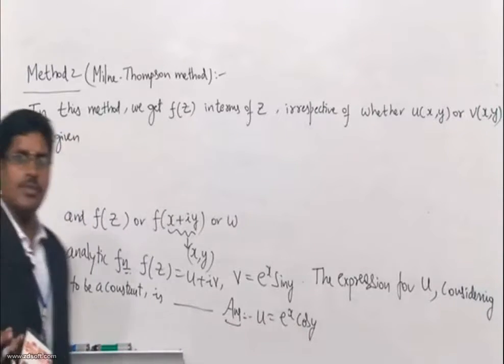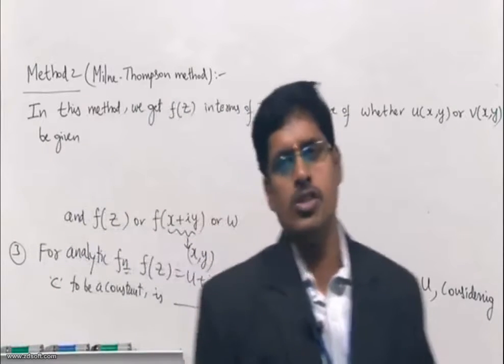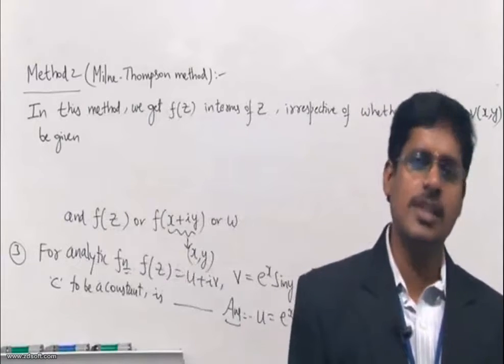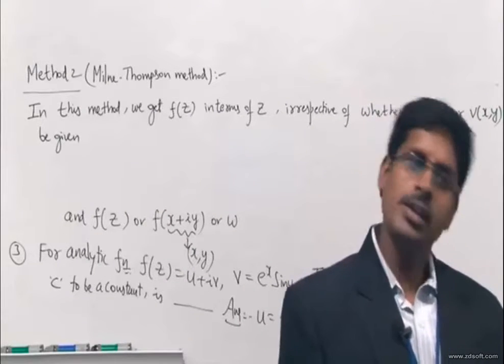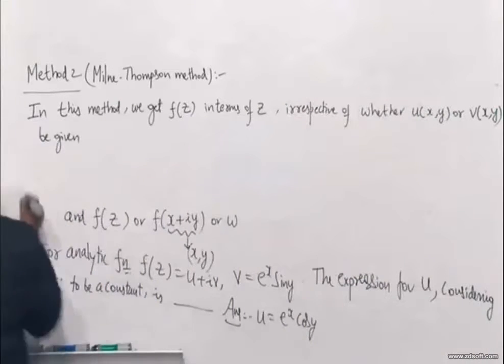In the previous problem, if u is given, then we got v and then substituted these u and v after obtaining them in the given function f of z is equal to u plus iv given in terms of x and y. But in this problem, directly in terms of z only it is given. Case A.